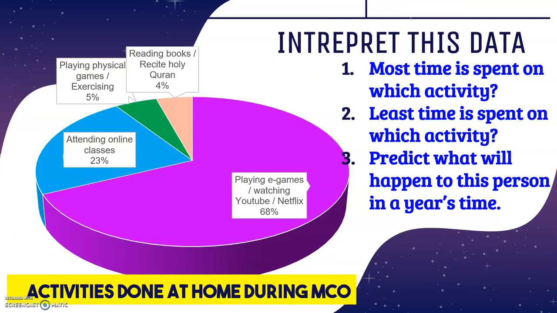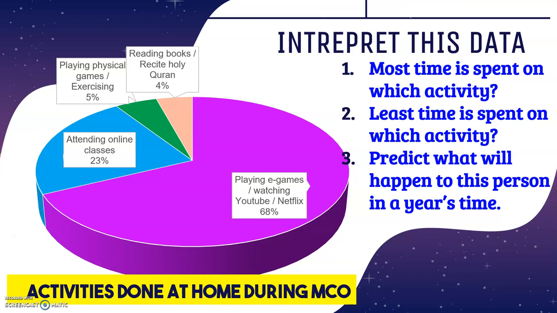Number one, tell me which activity most time is spent on. That's very straightforward and simple. Number two, which activity shows the least time spent on? And then this one is a little bit of a higher order thinking skill.